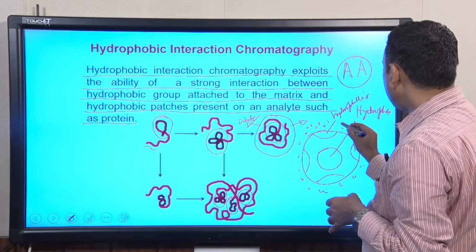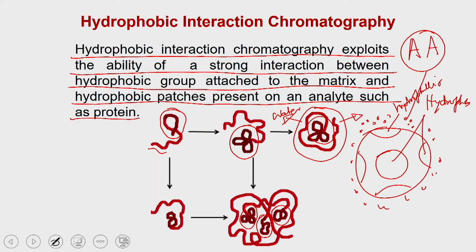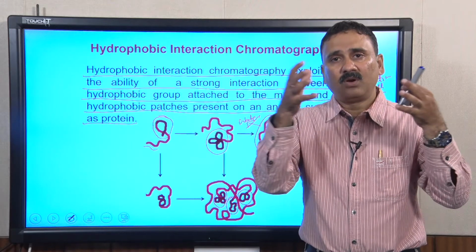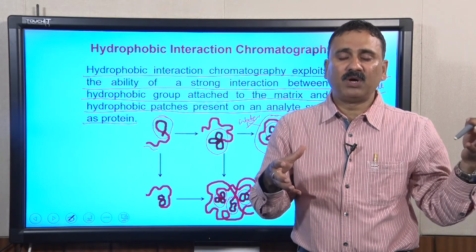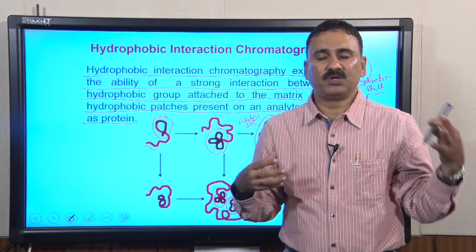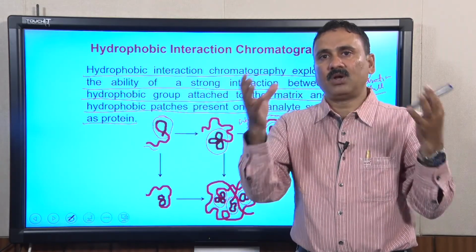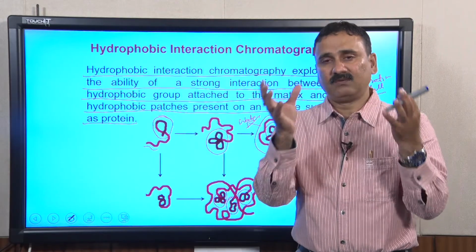These water molecules present outside are called the hydration shell, and the amount of hydration shell varies from one protein to another. It depends on the number of polar molecules and charged, negatively charged and positively charged, amino acids present on the surface of the protein.